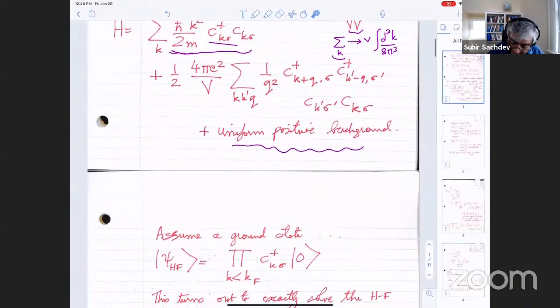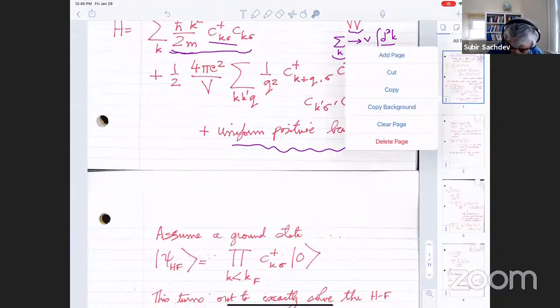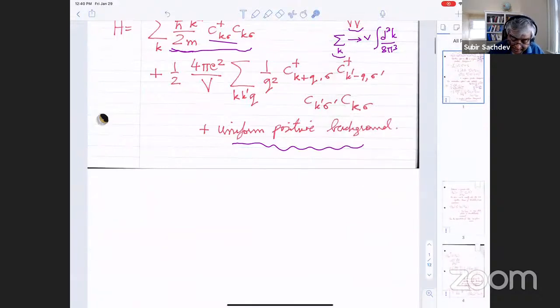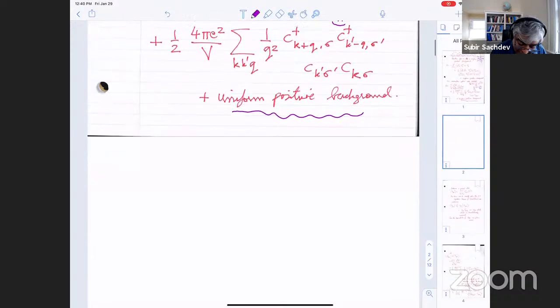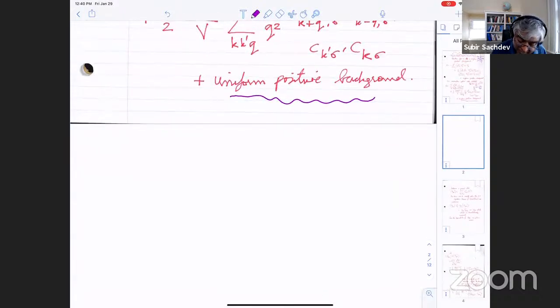So if I write this in a pictorial way, it's very important to write it out and see how all the factors come in, all the indices. They're written in a very careful way, and we're going to use that a lot, so it's good to dwell a bit on the structure of this term. You have 2 particles coming in with momentum k and k prime. This particle comes in with momentum k and spin sigma.